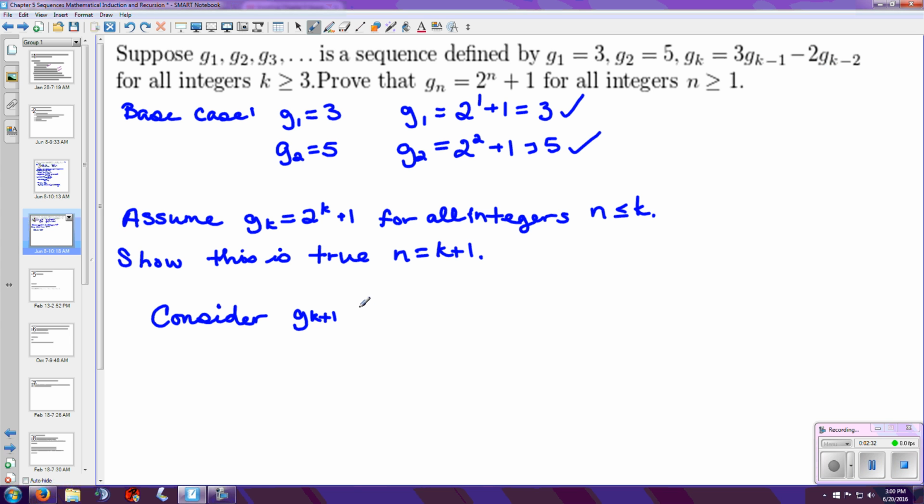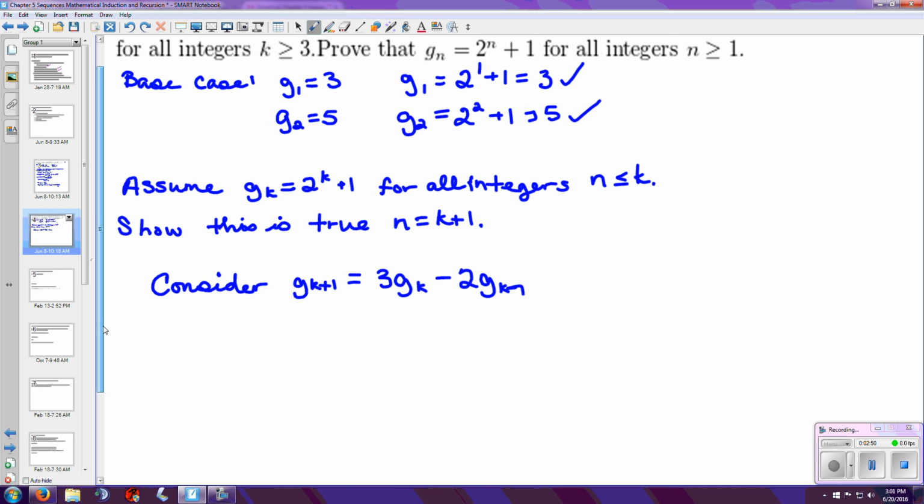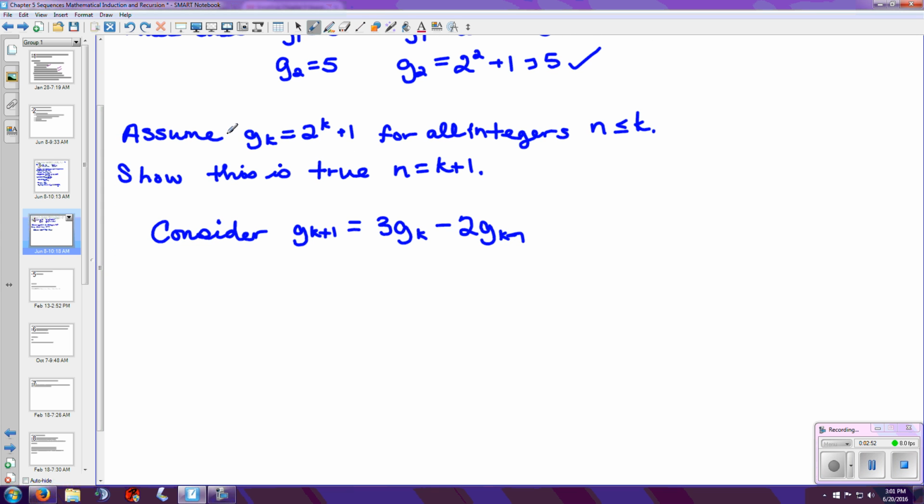So that's going to be 3 times g sub k, since k plus 1 minus 1 is just k, minus 2 times g sub k minus 1, since k plus 1 minus 2 is k minus 1. All right. Now, what did we say by hypothesis here? Well, we said that this explicit formula will work as long as n is less than or equal to k. We have k and we have k minus 1, both of which are less than or equal to k.